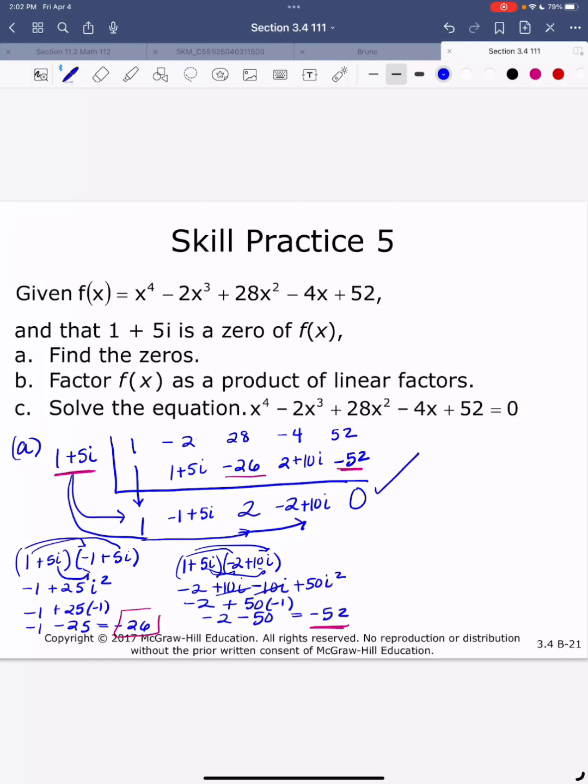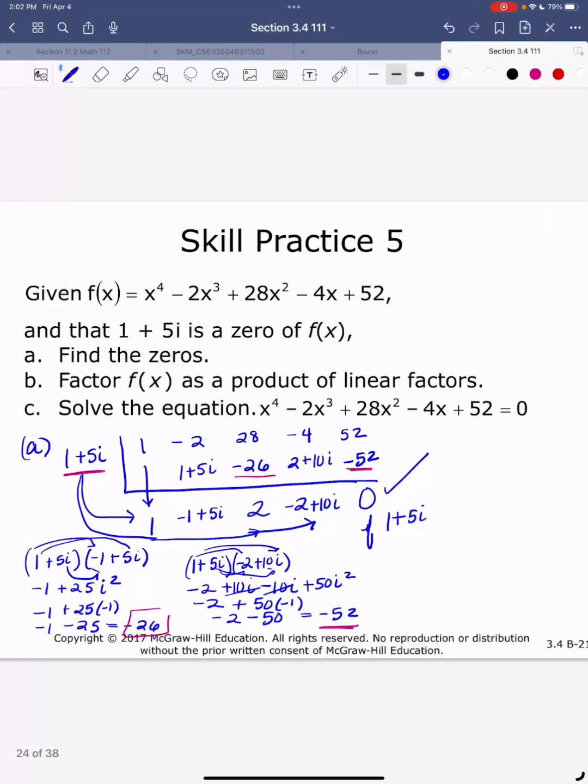So just as we would expect, and as we were told, 1 plus 5i is a 0, and we just showed that it was. Now, here's what we also know. We know that if 1 plus 5i is a 0, so is its conjugate.